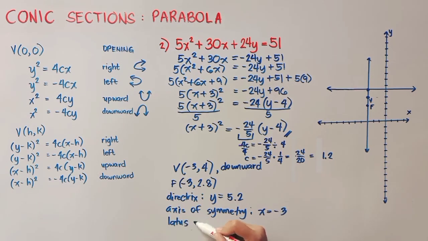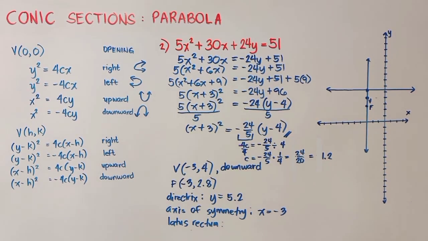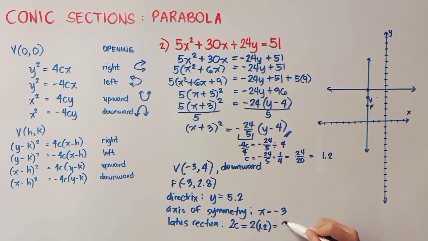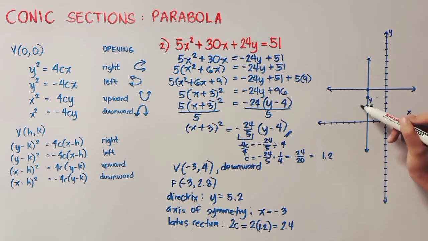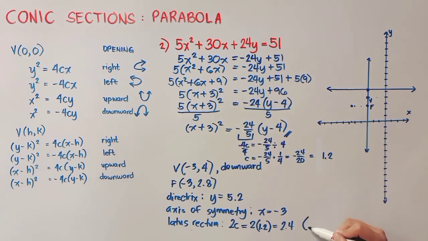Let's now proceed on getting our latus rectum. Again, the formula here is 4c, but we will just get half of it, so we'll use 2c, and that is 2 times 1.2 is 2.4. So from our focus here, we have to count 2.4 units. 1, 2, 0.4. So that is this point. That's negative 5.4.